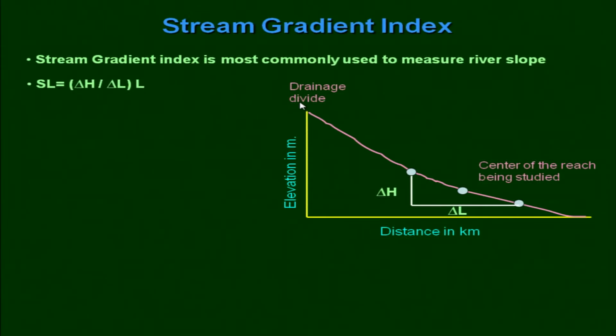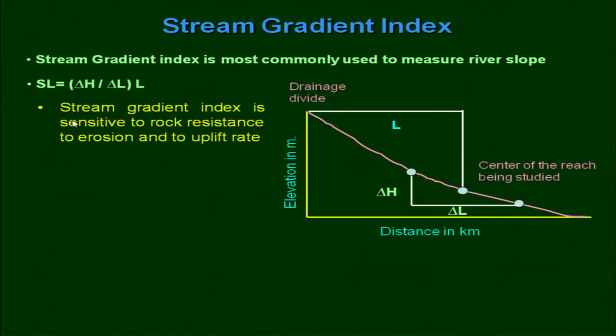This portion will be your drainage divide, and this will give you the L. So from the drainage divide, that is the point from where you started your profile, to the center of the reach which is being studied, the distance up to the drainage divide will give you the L.